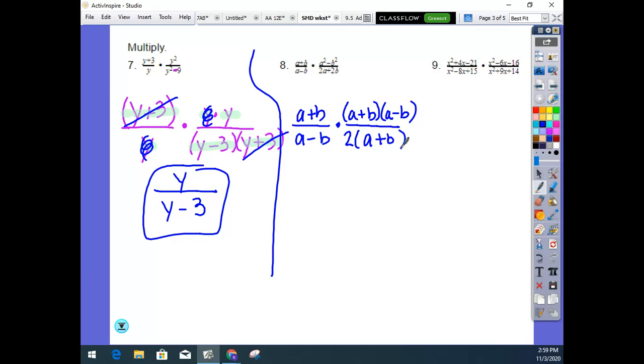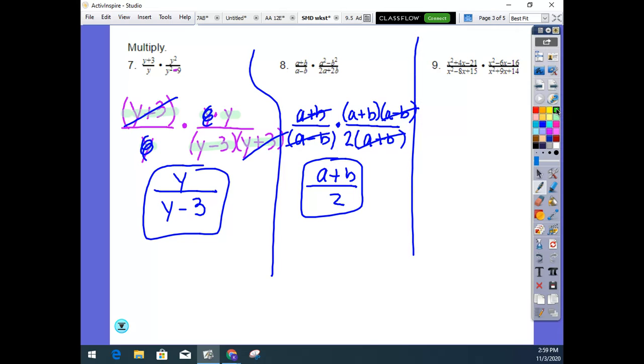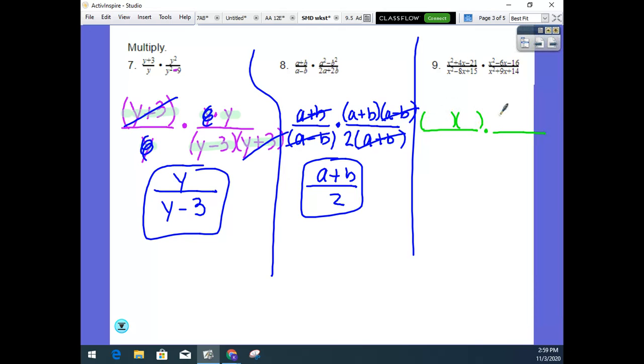Anything from the top can cancel anything from the bottom. Factor the top, factor the bottom.